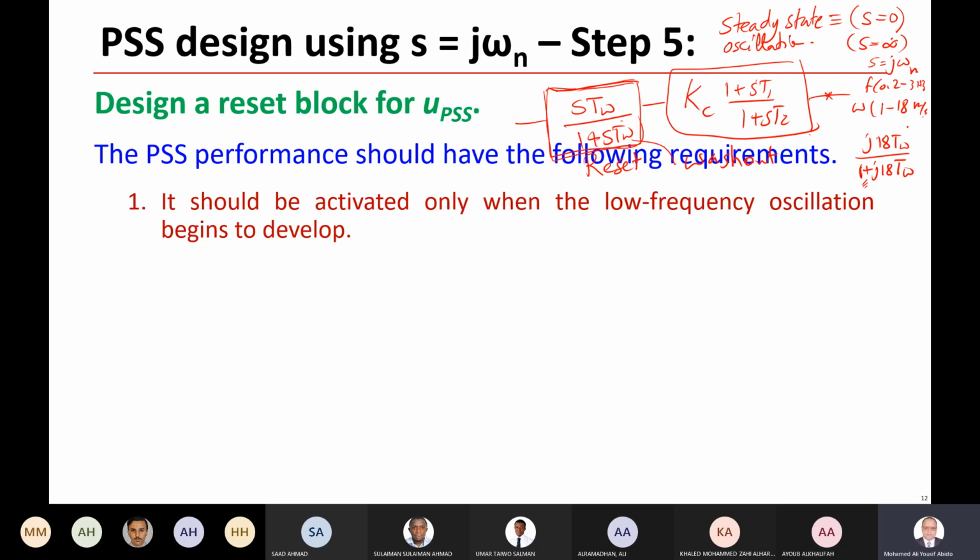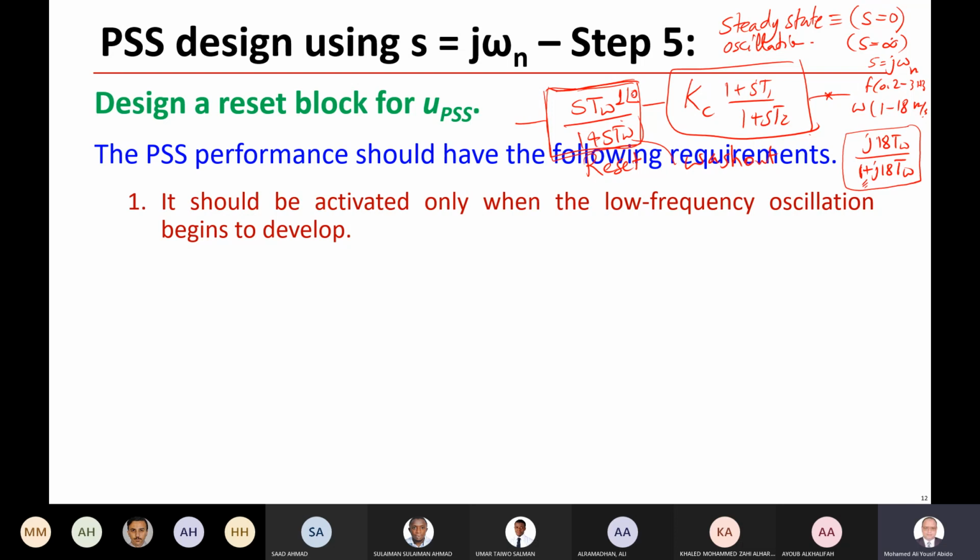So in this case, the gain of this block becomes 1 with angle 0 at the high frequency. That means this block doesn't affect the operation of the power system stabilizer. It doesn't affect the angle and it doesn't affect the gain. It is just a block with a transfer function equal to 1. So this is the idea behind this reset block.